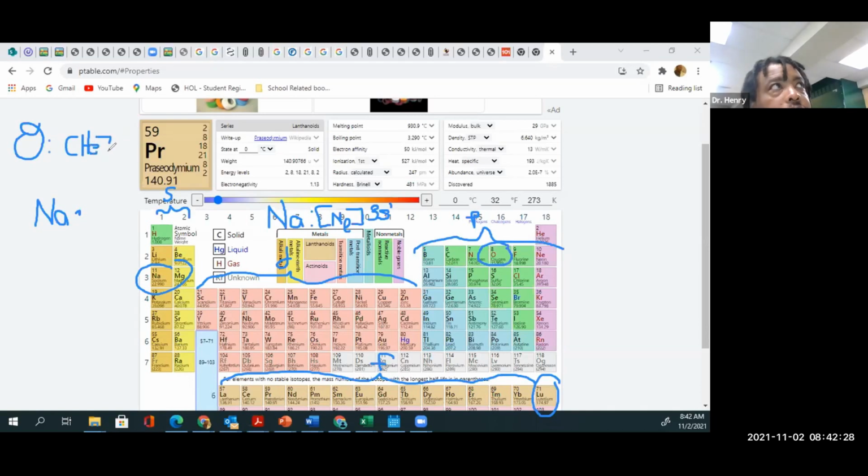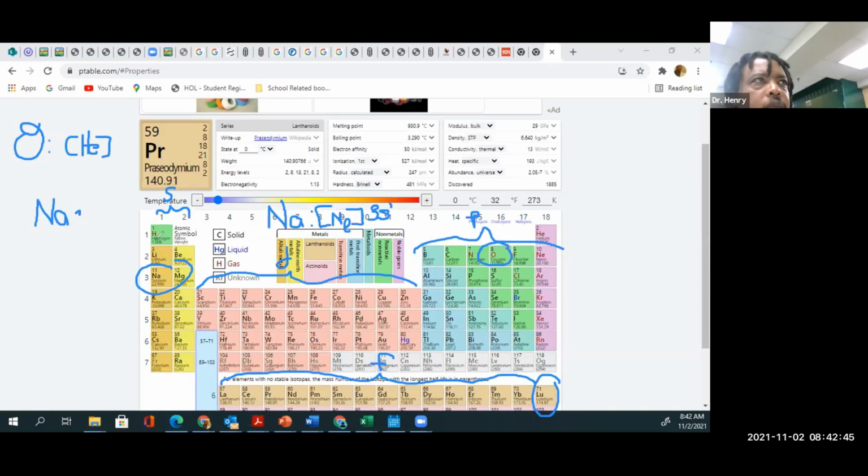That core again represents all the electrons that build up to helium, and those electrons we're not going to use. So really all you're using are the s and the p that get us to oxygen.